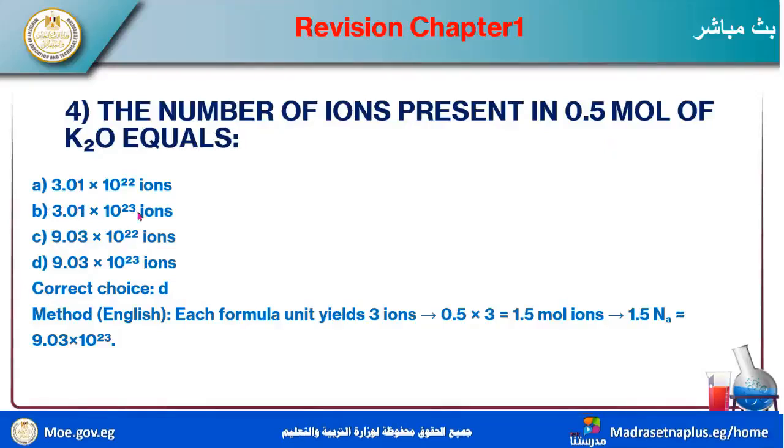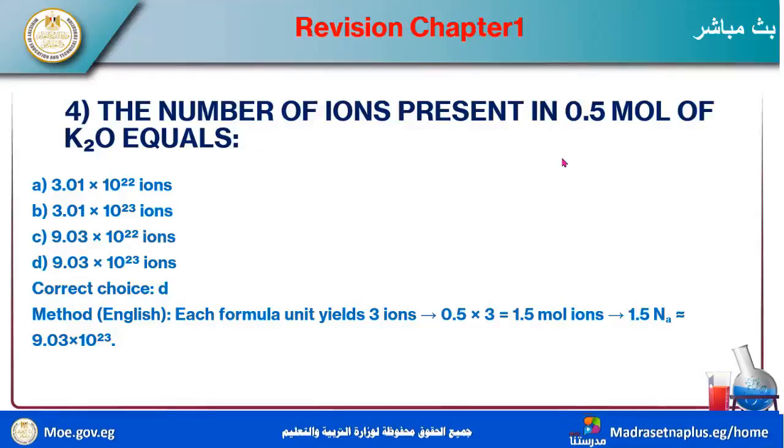So the correct answer is B or D? Now we must write the 0.5. Oh, yes, 1.5 moles, so multiply 1.5 moles times 6.02 times 10 power 23. You can recalculate with me to ensure my calculation is true.